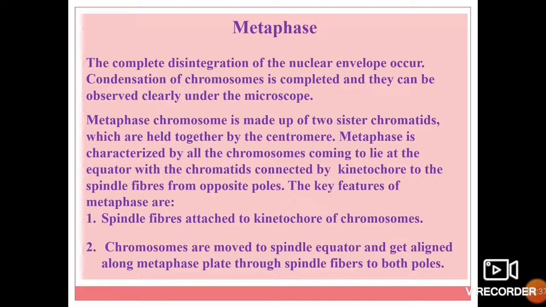The chromatin fibers further condense, and we see that the chromatin fibers break into pieces, and now they are more visible as chromosomes. The chromosomes have their centromere or the kinetochore, and we see that these chromosomes start moving towards the equatorial plane and begin to align themselves in a vertical line.